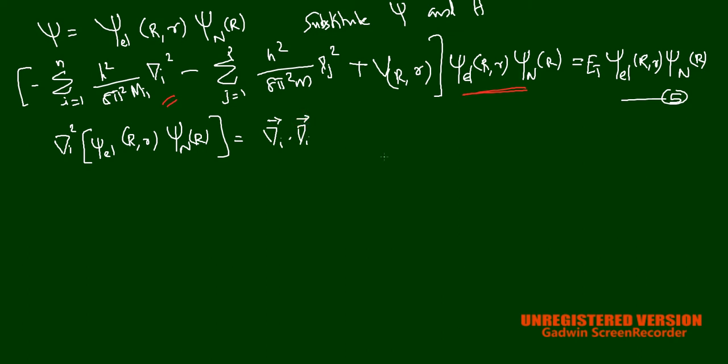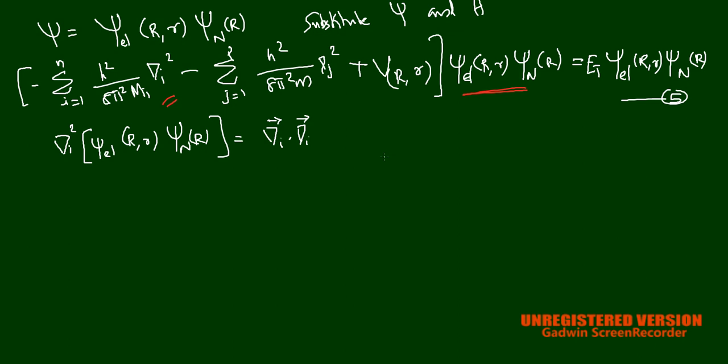Del is i dou by dou x plus j dou by dou y plus k dou by dou z, and del I square is dou square by dou x square plus dou square by dou y square plus dou square by dou z square.